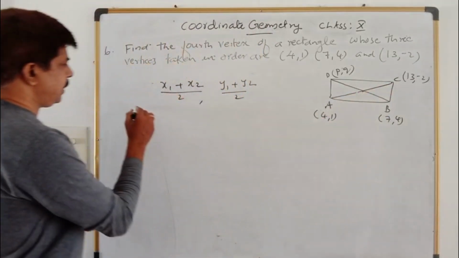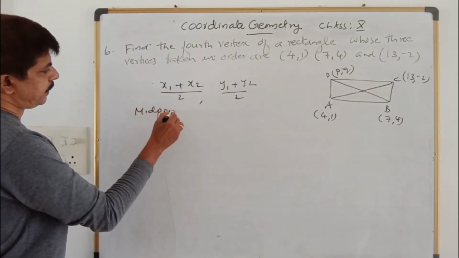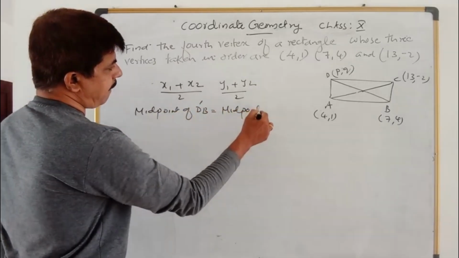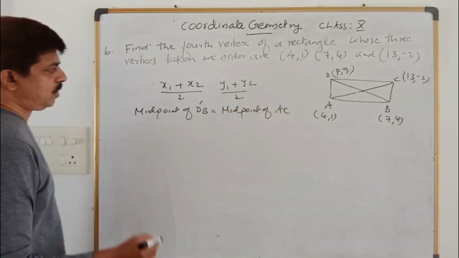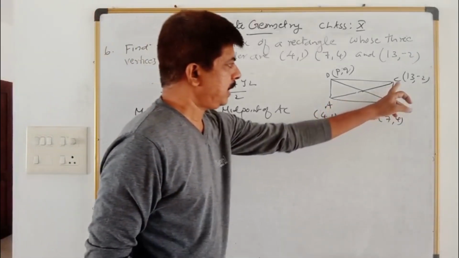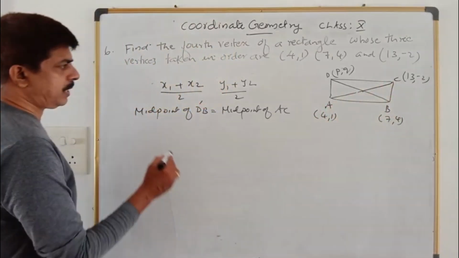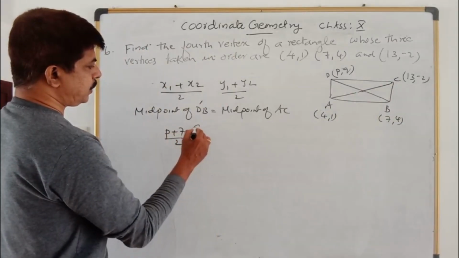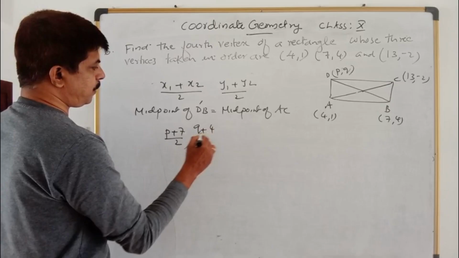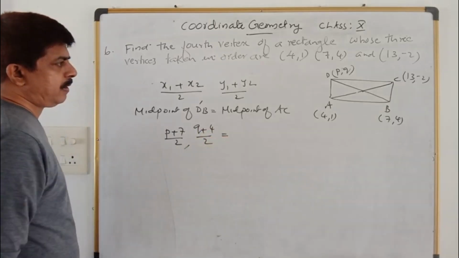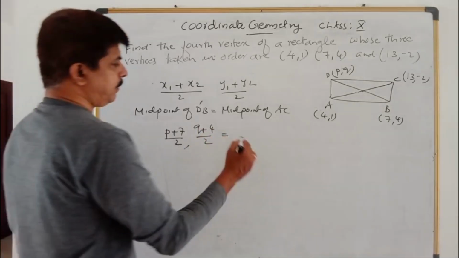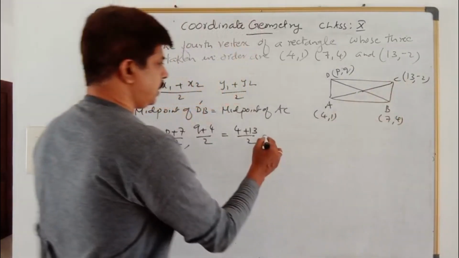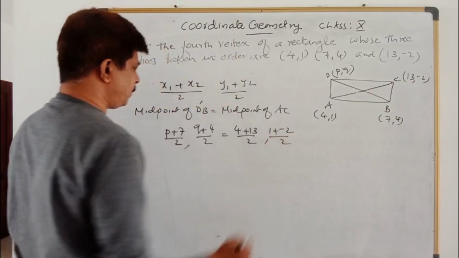So the midpoint of DB and the midpoint of AC are common. The midpoint of DB is p plus 7 by 2, q plus 4 by 2, equal to the midpoint of AC, which is 4 plus 13 by 2, where this is x1 and this is x2, and 1 plus negative 2 by 2.